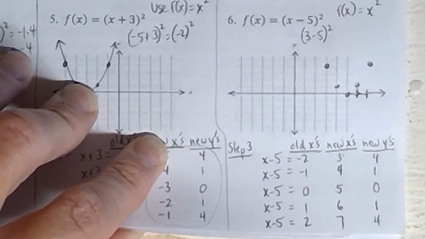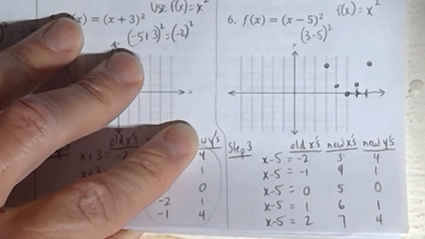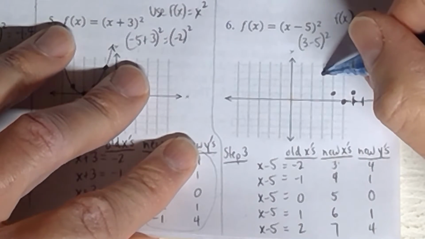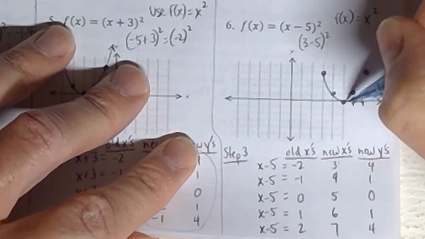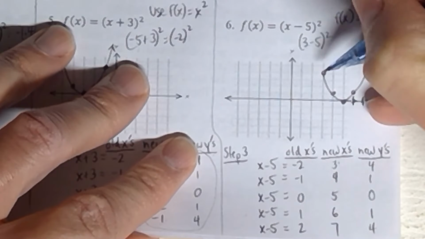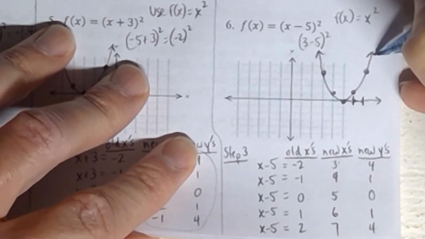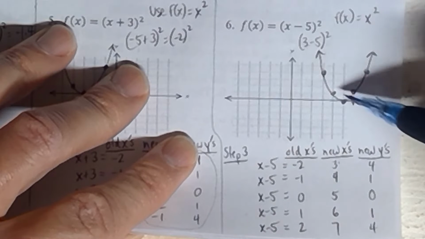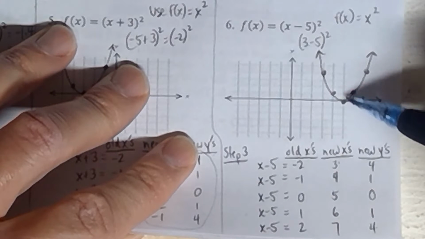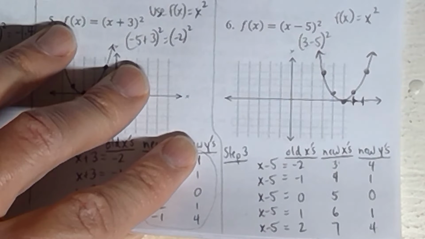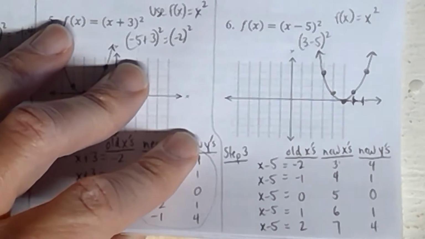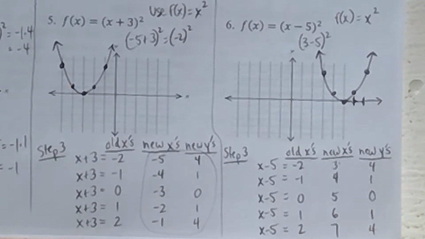If I then plot that, you can see, no surprise since it came from x squared originally, it is going to be like this right here. Again, the vertex is at the bottom. Both sides of the vertex look basically the same. Arrows on both ends, all that kind of stuff, and make sure it's smooth, a nice smooth turn, no sharp turns. Okay, so that is the front side of the worksheet.